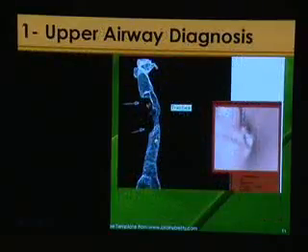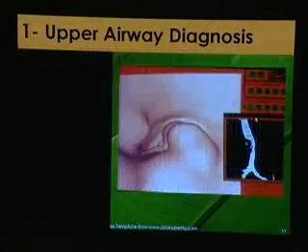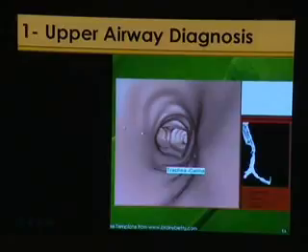As you can see here, the external rendering showing a filling defect on the external 3D of the trachea, and here is the narrowed lumen of the trachea at the point of maximum narrowing, the polypoid lesion projecting inside the lumen of the trachea. And here is distal to the obstruction. Virtual bronchoscopy was superior to fiber optic endoscopy in examining the patient distal to the obstruction.